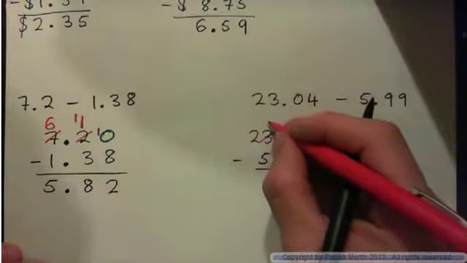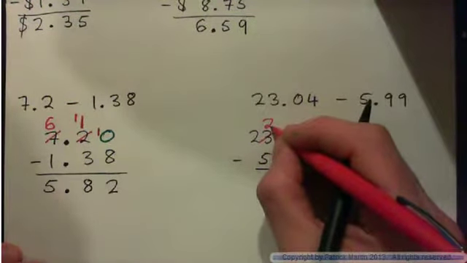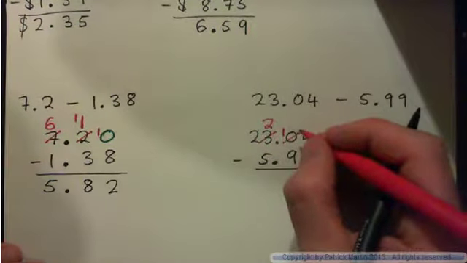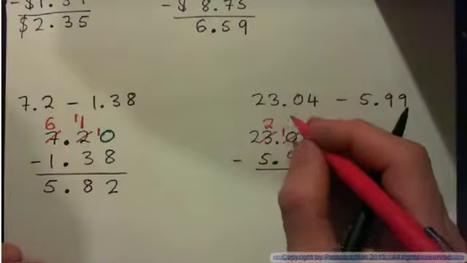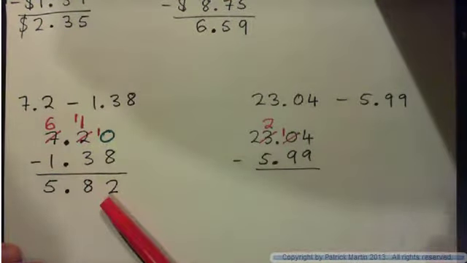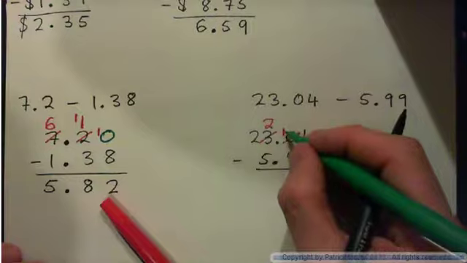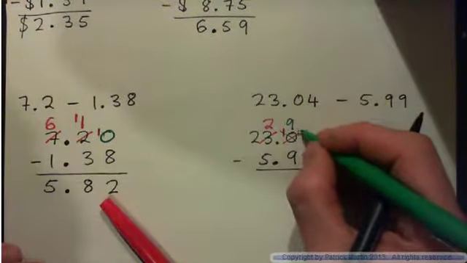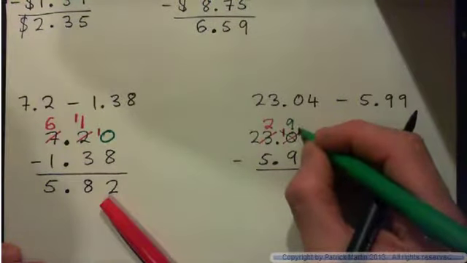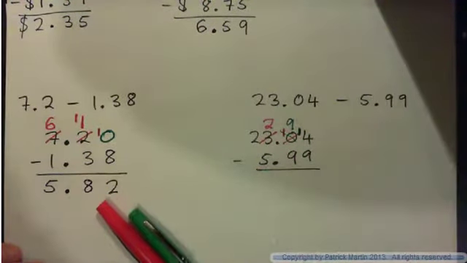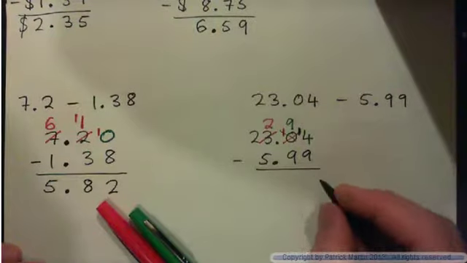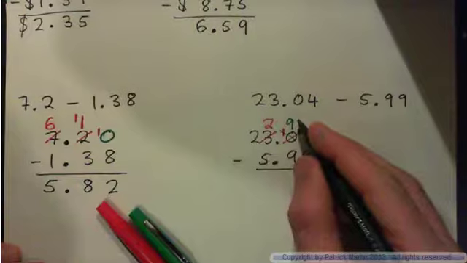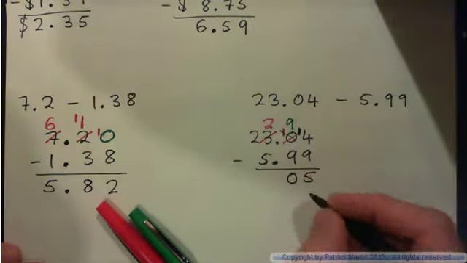You've got to borrow from the 2 to bring it over to make that a 10, and now this 10 is going to become a 9, because you bring a 1 from here to come over to make this 14, right? So 14 subtract 9 is 5. And then we have 9 subtract 9 is 0, right?